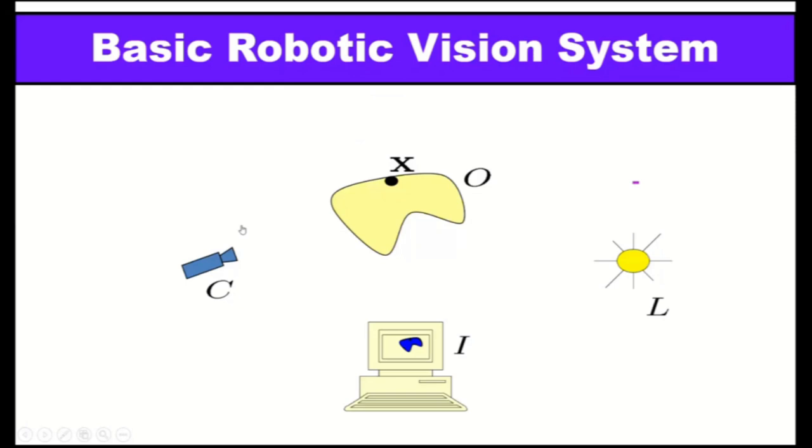Okay, now let us discuss the basic robotic vision system. Robotic vision means a camera assisting the robot. What are the objects in our system? The robot along with the camera.